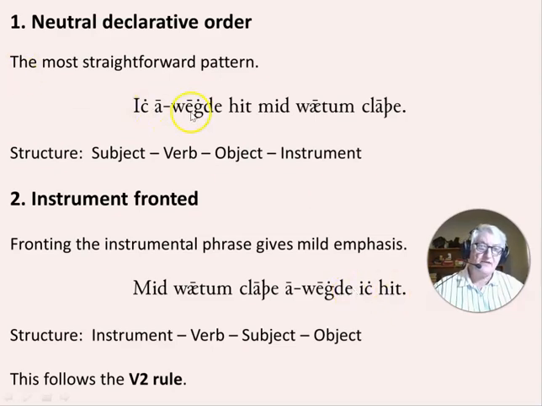Up here I have the subject first, and the verb is second. Here, in order to keep the verb second, I have to displace the subject, ich, I. Mit wētum clāþe āwēģde ich hit, with a wet cloth, I it wiped. Okay, I wiped it with a wet cloth. So the structure here is instrument, verb, subject, object, and this still follows the verb second rule in the main clause.